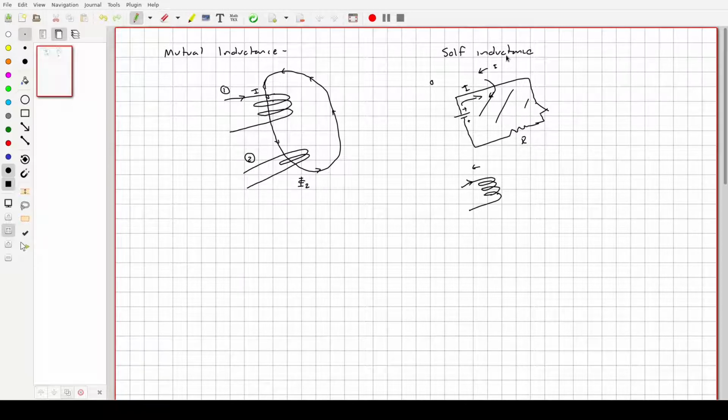That's usually what's meant if you were to go to the store and buy a coil and say, I need a coil that has this much inductance. They're talking about that. So what I'd like to do to begin with here is to talk about mutual inductance in greater detail. Then we'll jump over to self-inductance.